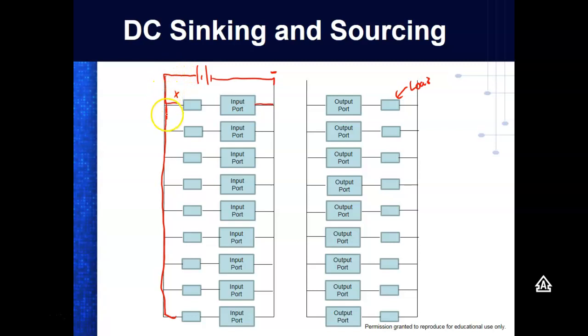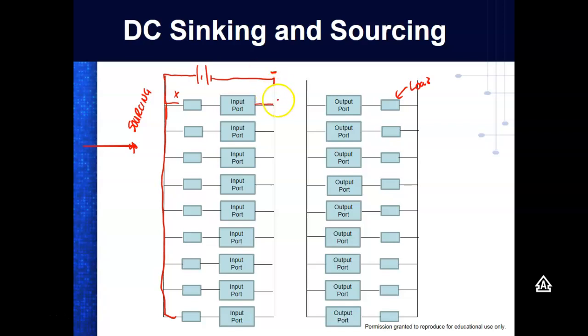If you use a plus over here on the input device, we call this sourcing. So sourcing in PLCs means we're using a plus as the common, right? Now common is just a common connection spot. This is not ground.